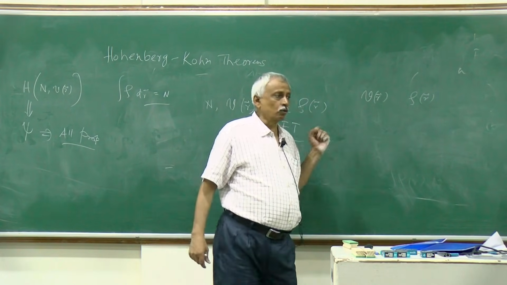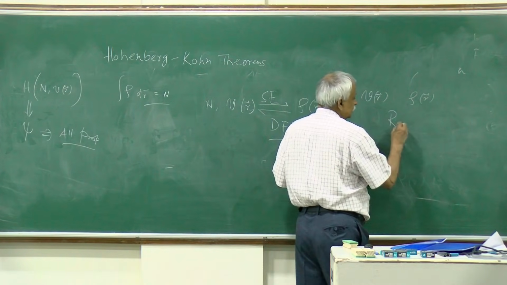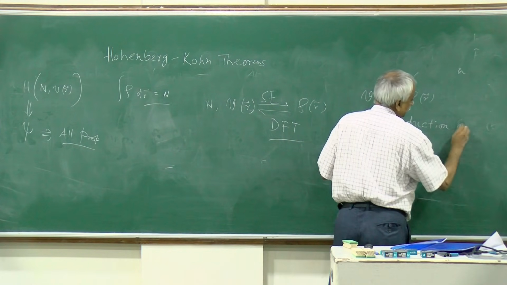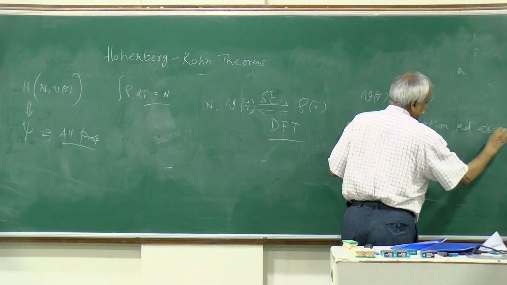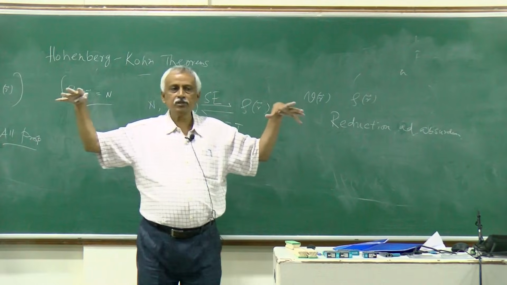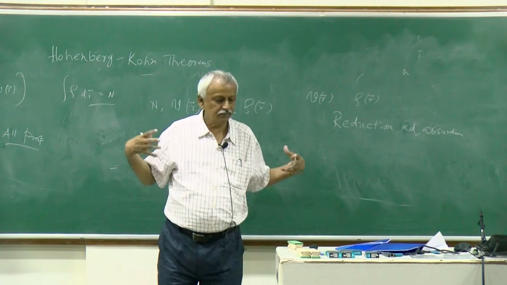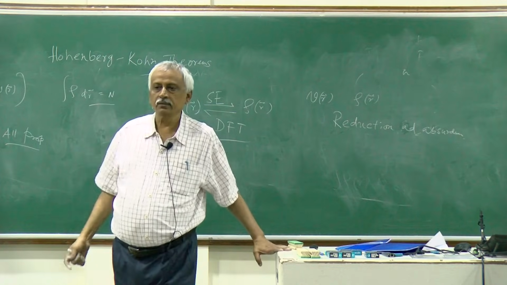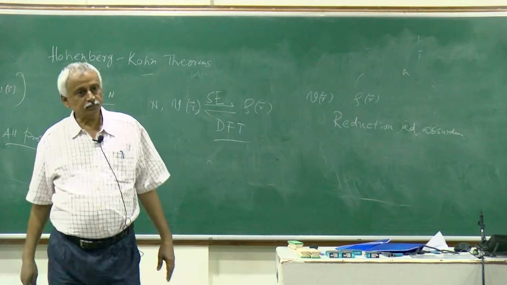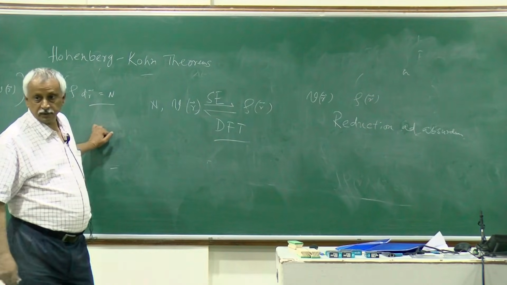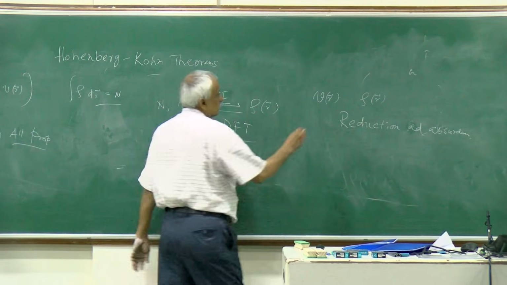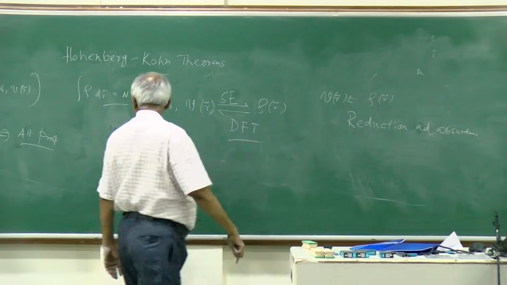Hohenberg and Kohn started their proof, which is called reductio ad absurdum. What it says is that you start with a certain supposition and logically derive a condition which contradicts the first one, and that tells you that it is not possible, so our supposition was wrong. So what is their supposition in Hohenberg-Kohn theorem number 1? That V(r) is obtainable from density with maybe a trivial additive constant.